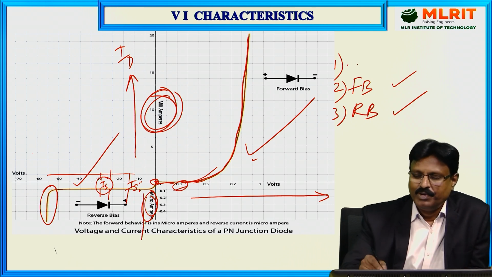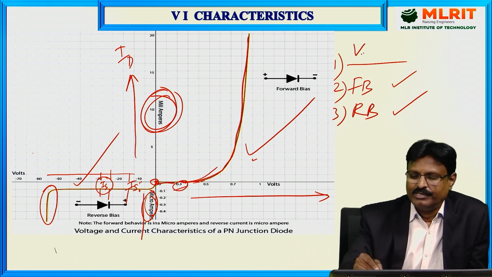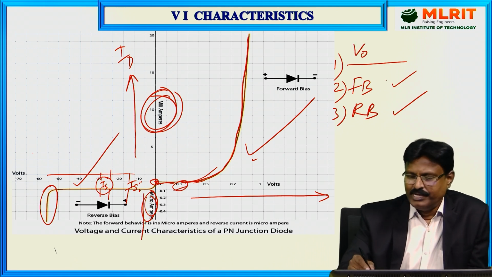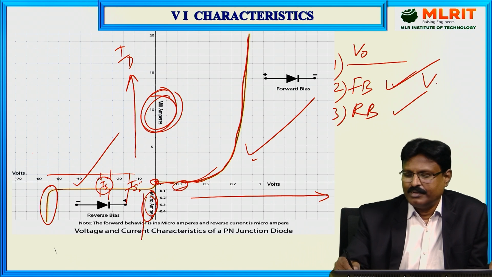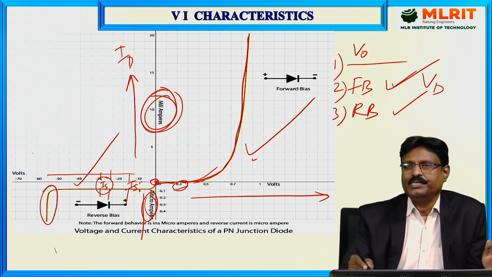And in the zero bias, no current will be flown, but a depletion region is created, which in turn produces a barrier potential, represented as V0. In the forward bias, the applied forward biasing voltage decreases the depletion region.